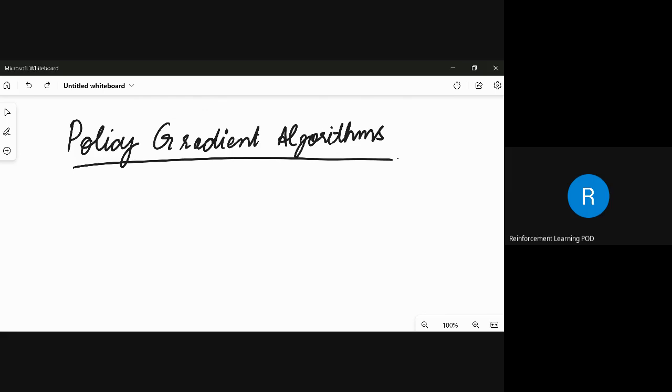Now, what are the benefits of policy gradient methods? One is that, of course, we don't have to compute the value function for every state, which could be a little bit problematic, as sir explained with an example.